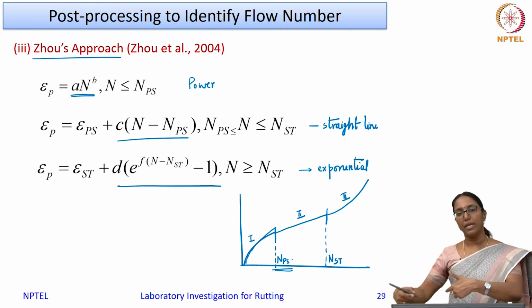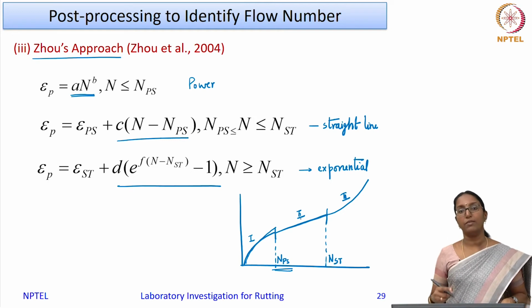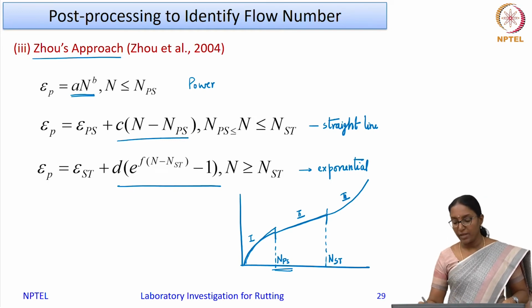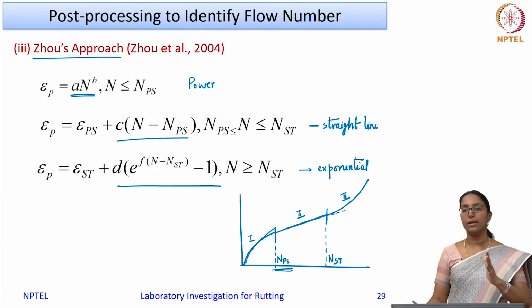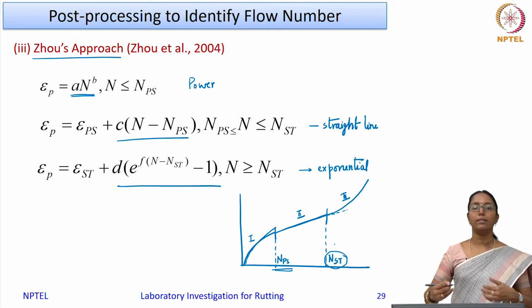Then for the remaining data, for the secondary stage, you start fitting a straight line and see when it starts deviating from a straight line. That point you can take as the end point of your secondary stage, or it will denote the NST, and the remaining data will obviously be in the tertiary stage.